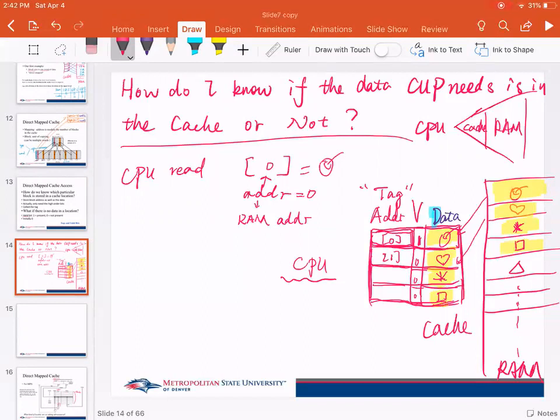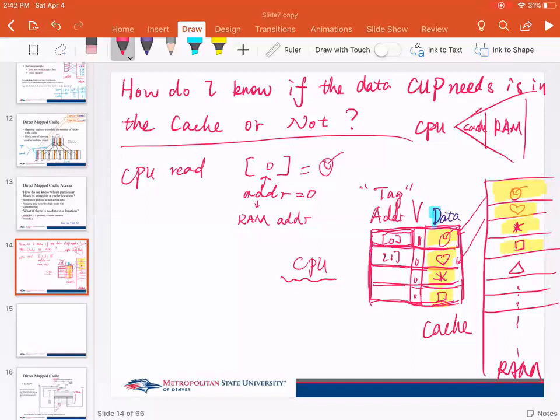The second usage is the heart. When you see the heart for the first time, you put the heart into the cache, and then you see the star and put the star in the cache, and then you see the square and put the square in the cache. So what we are doing here is trying to keep a copy of the data I just used, in case I will use it again, which is called temporal locality.